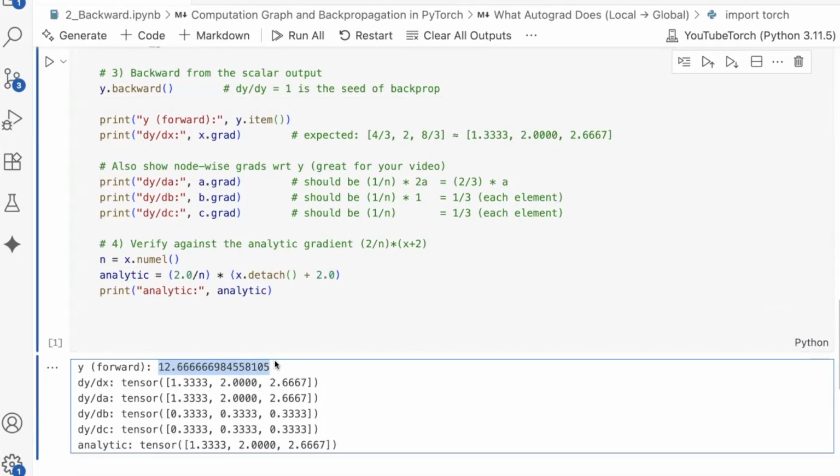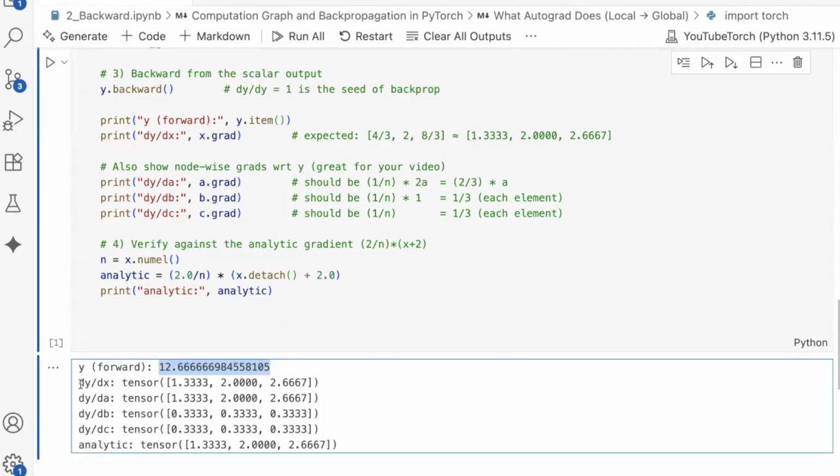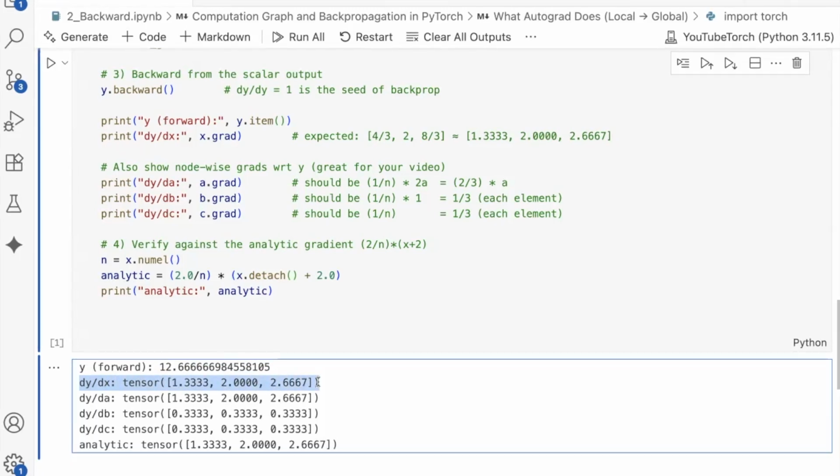Usually this is not something we care about a lot, because we want to know how we can change this y by tweaking parameters like x. So what we really care about is dy/dx, the gradient of y with respect to x. And that's exactly what we expect. Remember, it's 2 over n, or 2 over 3, times x plus 2.